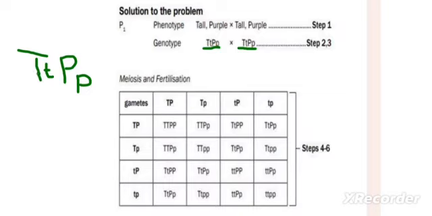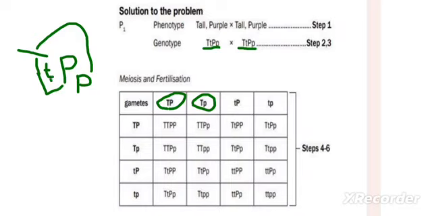We take the first capital letter T and combine it with the capital letter P. And then we combine together, we get capital letter T and a big letter P. And then you take the same big letter T and combine it with the small letter p. And then we have capital letter T combined with the small letter p.